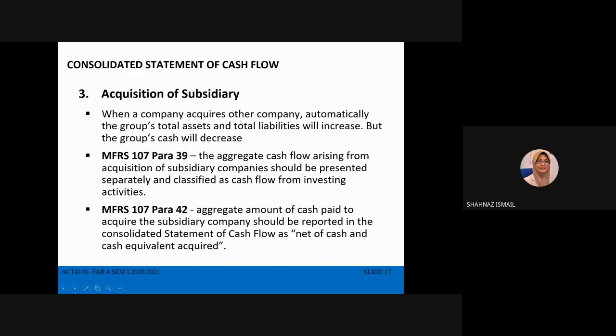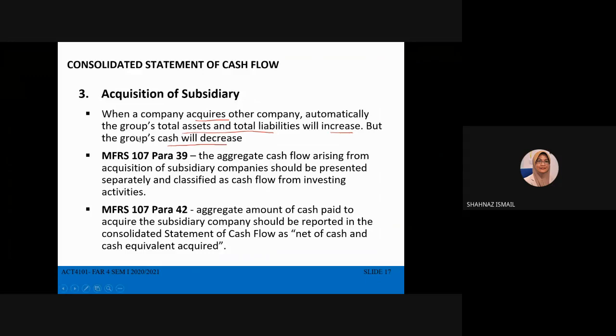When company acquires other company, bila kita beli, acquire means beli other company, so total asset and total liability akan increase. Sebab kita beli asset dan liability tu masuk, the net asset tu masuk. Tapi cash kita akan decrease because you have to pay to the company yang you beli, the subsidiary company.